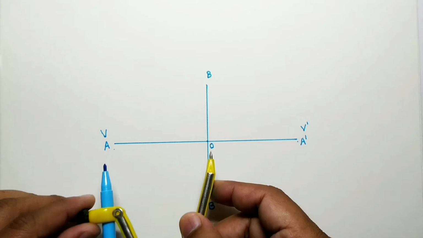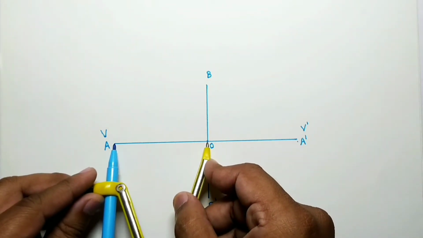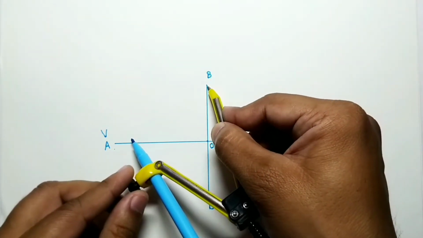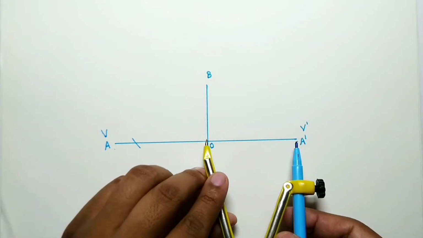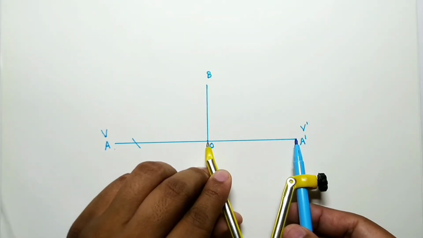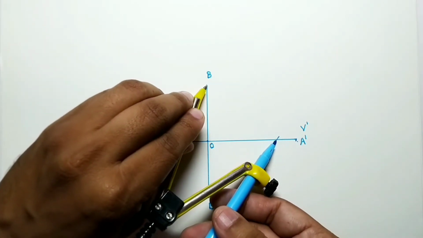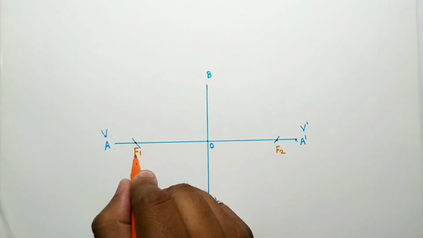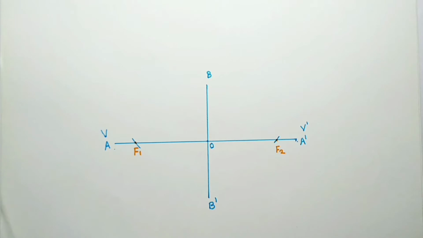So take the distance O to A, half of the major axis, and mark it from B to F. So this is the F1 point. Half of the major axis is equal to BF2.